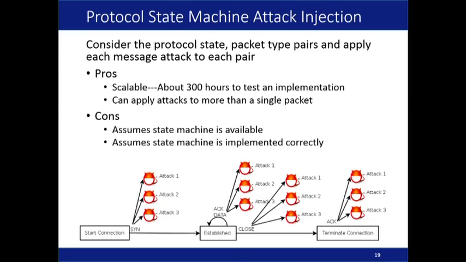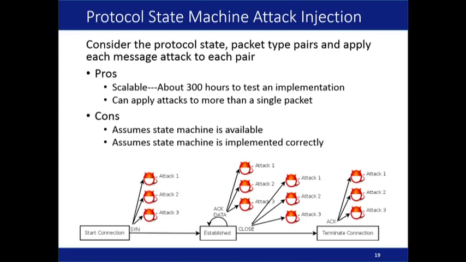The benefits of this approach are that it's scalable. It takes us about 300 hours to test an implementation of a transport protocol with this method. And we can apply our attacks to more than just a single packet at a time, enabling us to find, in fact we did find, the TCP close-wait resource exhaustion attack.